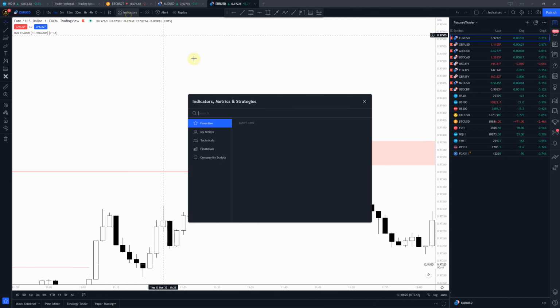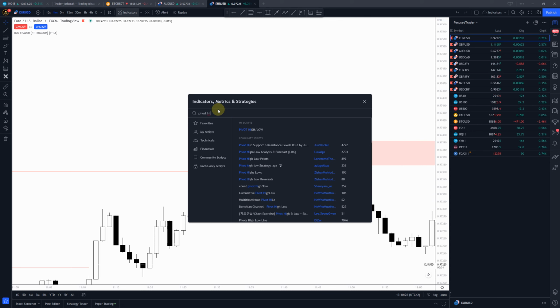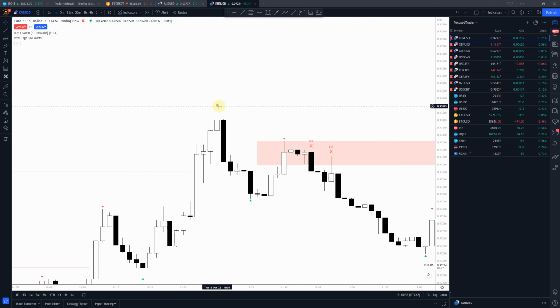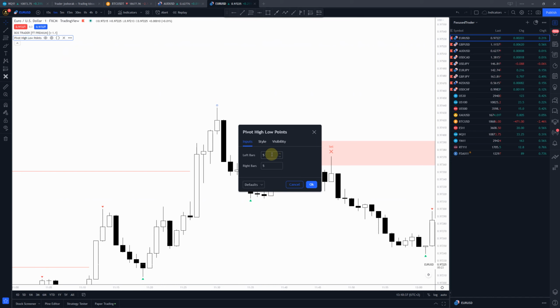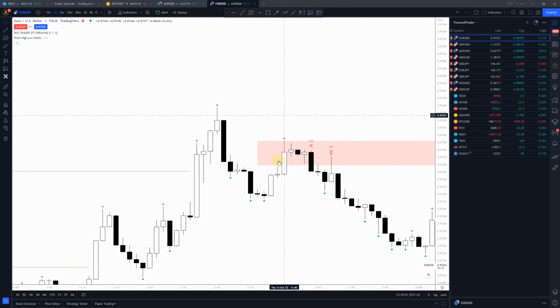We could also help ourselves using some pivot highs, pivot lows, for example, from this one, and you see these are the structure points, and if we set the number of left bars and right bars to 1, you see that this is our structure point, this is a structure point, this is a structure point.